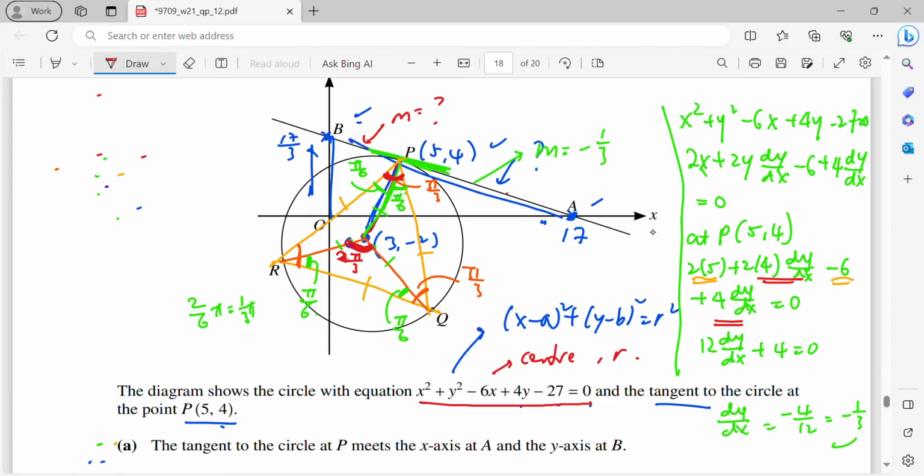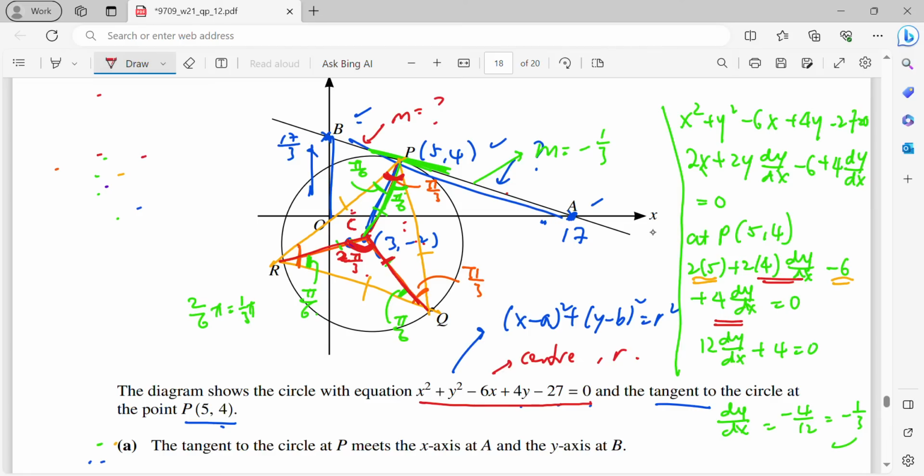Alright, so now I can say that the area of triangle PQR is 3 times, because these 3 triangles are the same, 3 times area of CQR. This is a C. But even though I know that the angle is 2 pi over 3 for the RCQ, I still need to find what this length is.